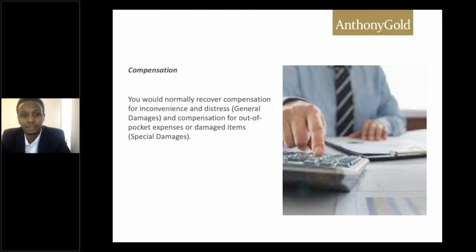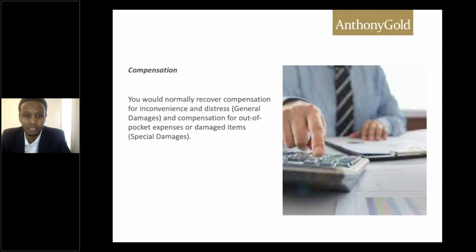As a general rule, general damages for tenants is calculated as a percentage of your rent for the period your home was in disrepair, although a global sum is sometimes awarded. For leaseholders, it is normally calculated as a percentage of the average market rent. This means that we would look at the average rent for a similar property in the local area. For example, if you had a 2-bedroom flat, we would look to see what the rent is for a 2-bedroom flat in the local area.